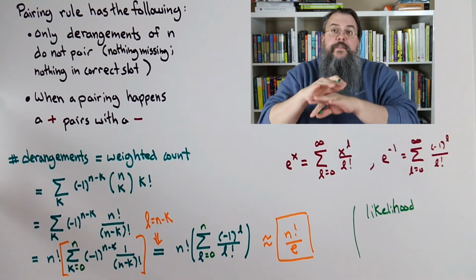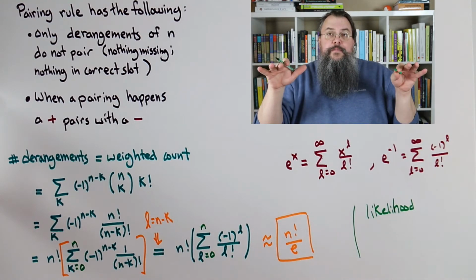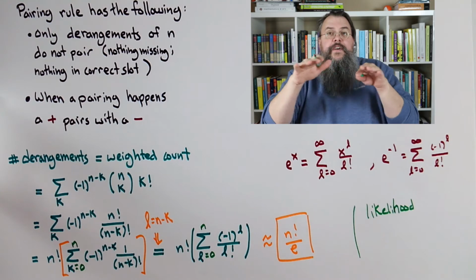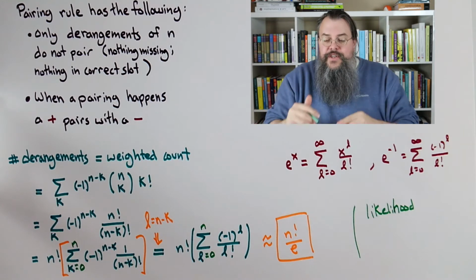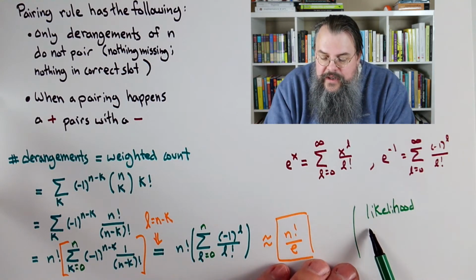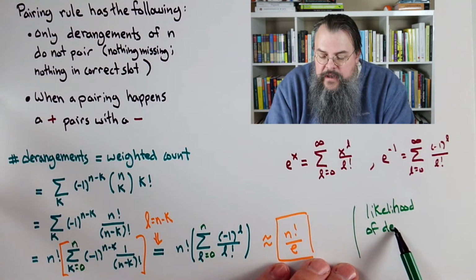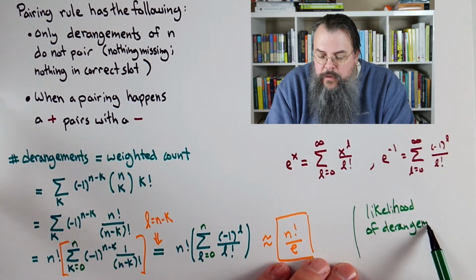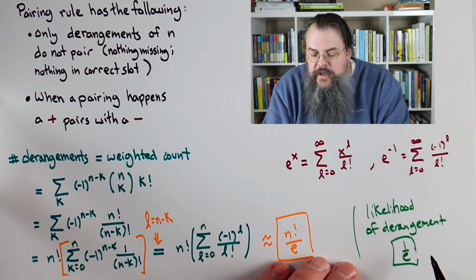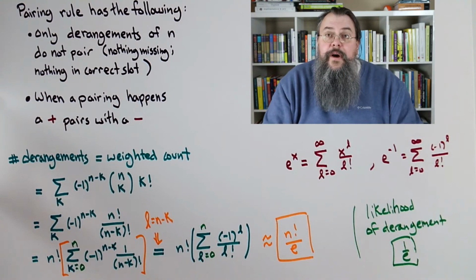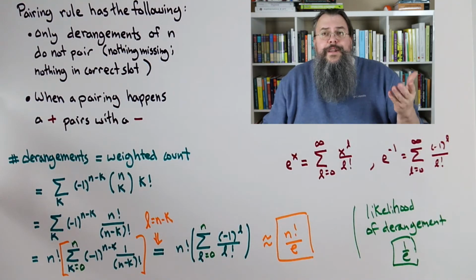Well, there's n factorial possible ways they could have ended up, and there's n factorial over e ways that they could have ended up where nobody got back to the right spot. So by taking that ratio, we can say that the likelihood of a derangement is this number 1 over e. And so it's something that probably you wouldn't think about. How would that naturally show up?